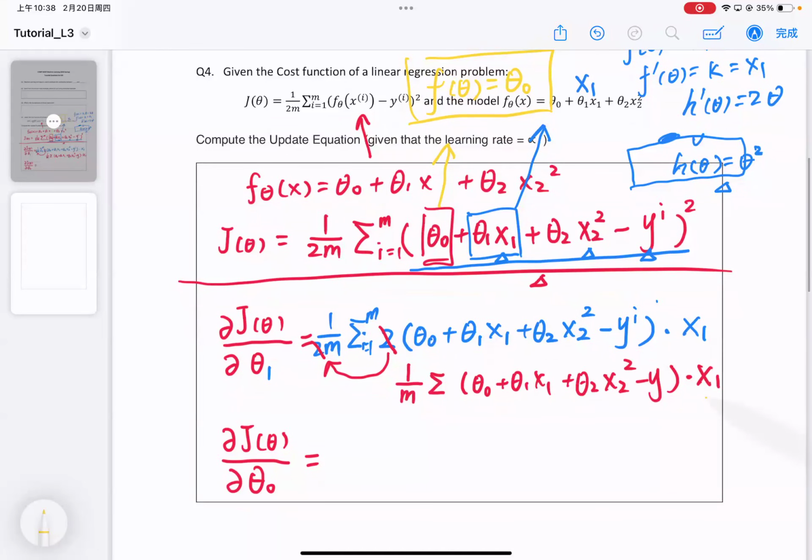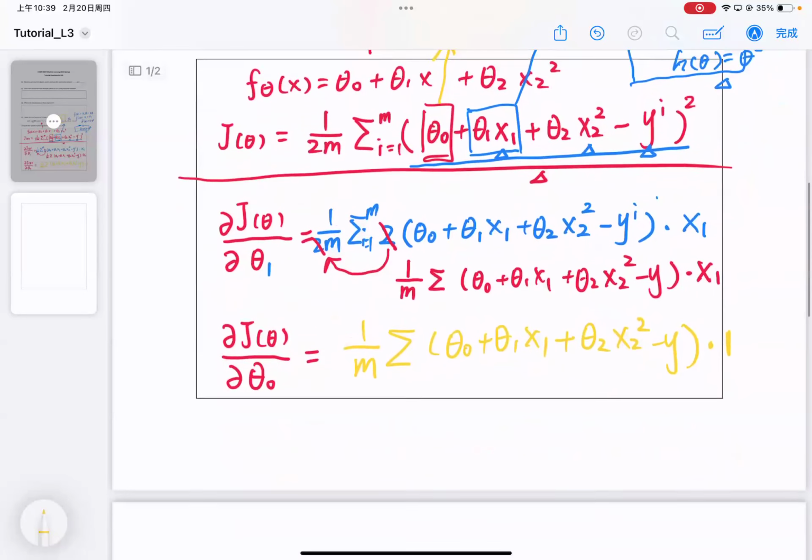So we just need to replace this x1 with 1 in this case. So the partial derivative will be like this, okay? Theta 0, theta 1, theta 2, multiplied by 1, okay? And then you can omit this 1, it doesn't matter.